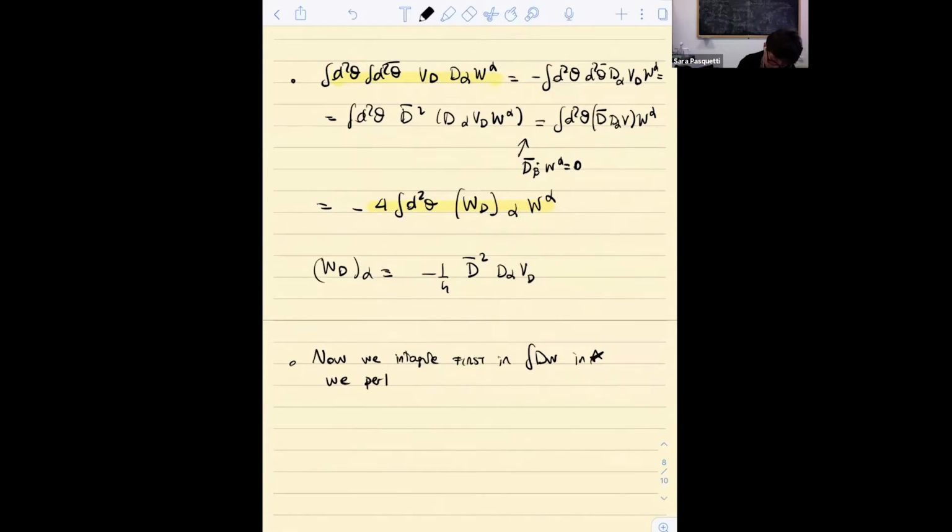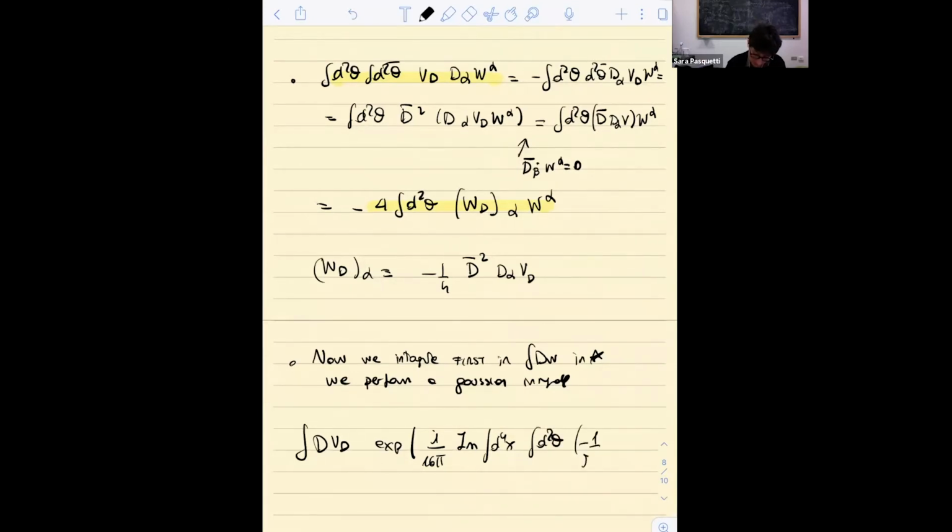So we perform a Gaussian integration, and we are left with the integration of the dual vector field of i over 16 pi, the imaginary part, d4x, d2 theta, minus 1 over F second of phi, V dual alpha, V dual alpha. Maybe the index is the other way around.